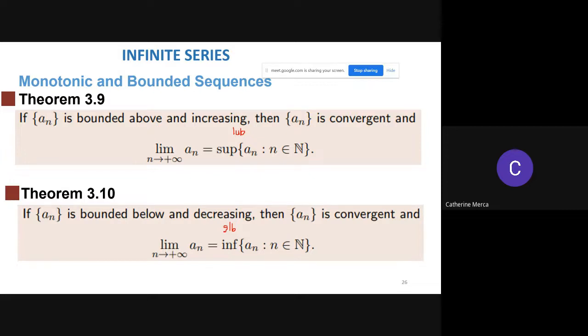Then ang infimum ninyo is your greatest lower bound. Asa makuha ang least upper bound? Naa sa mga upper bounds. Ang pinakagamay sa mga upper bounds mao ang least upper bound. Ang pinakadako sa mga lower bounds mao ang greatest lower bound.